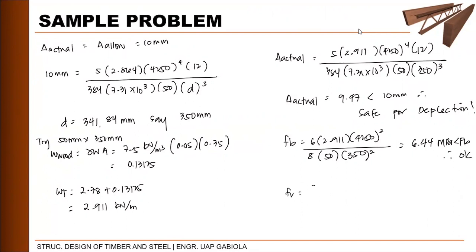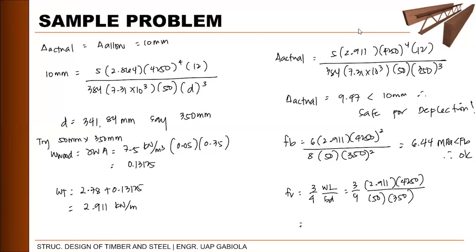FB natin is 3 fourths ng WLBD natin. So 3 fourths of 2.911 times yung length na 4,250 all over 50 times 350. Okay, so 0.75, 2.911, 4,250 over 50 times 350.